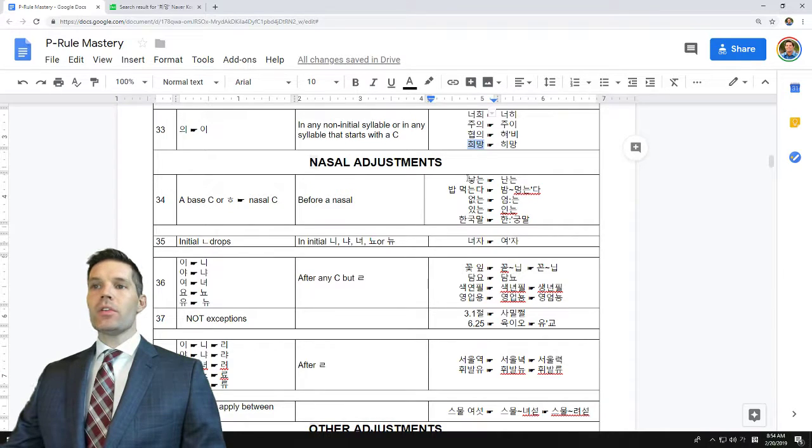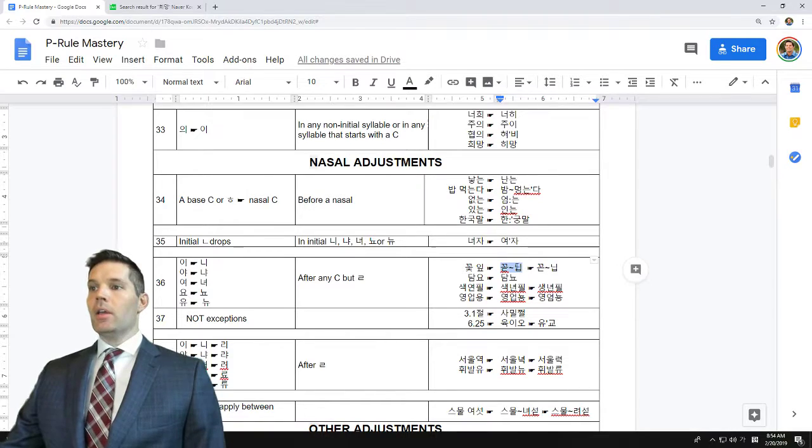So these are things that make you sound way more authentic, and it's because that's how Koreans say them, and because there is an actual thing behind that. So 없는, 있는. Then we have 여자 becomes 여자.